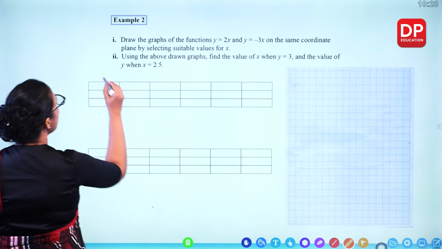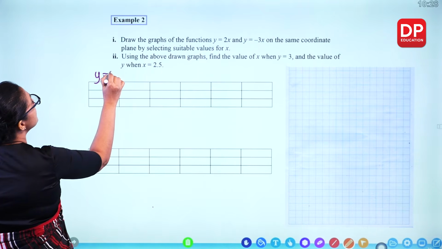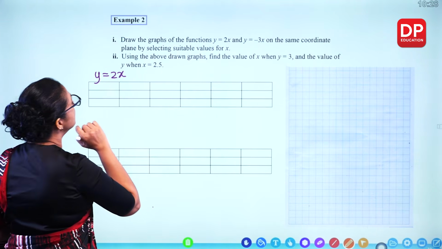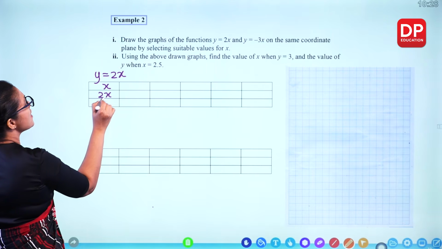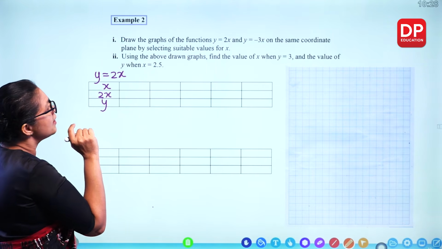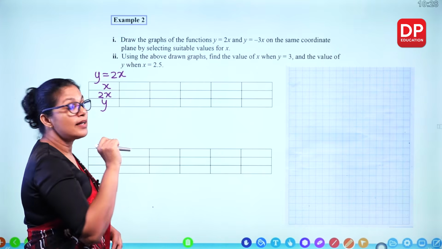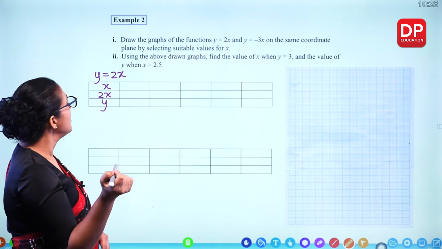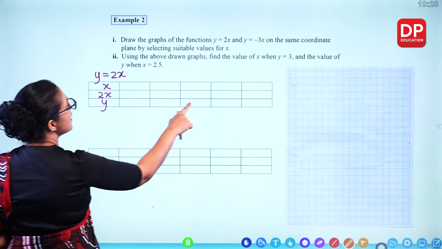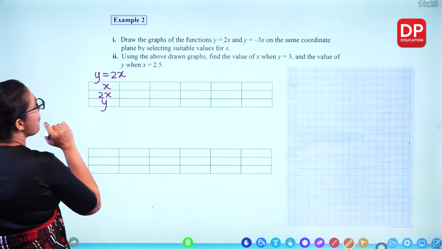First y equals 2x. So we'll take x, 2x and y. Here x value is not given, so we can take any value. So here we'll take 5 values.